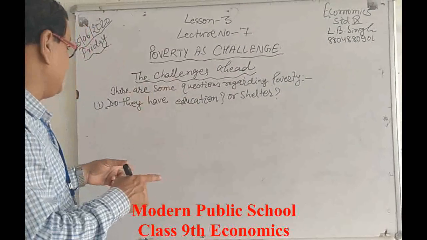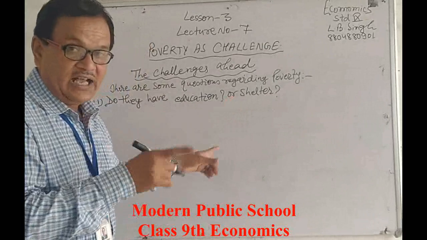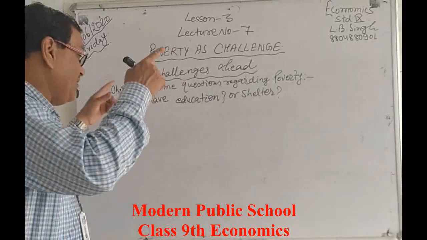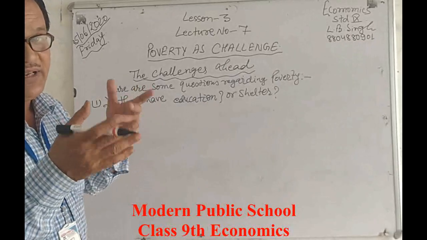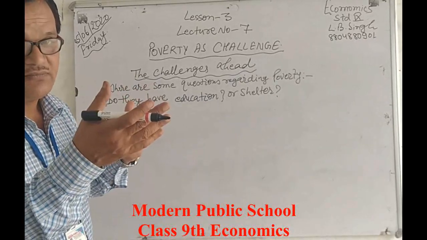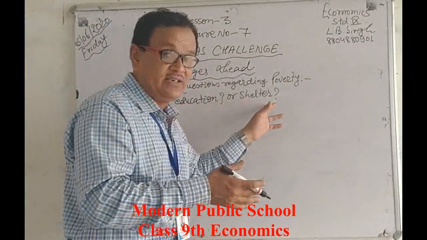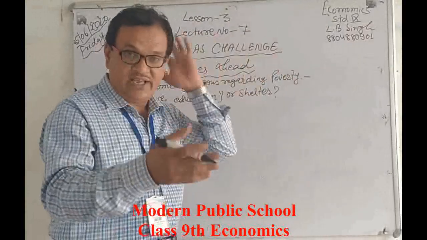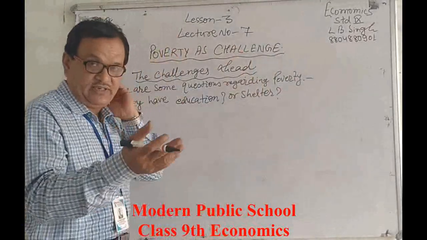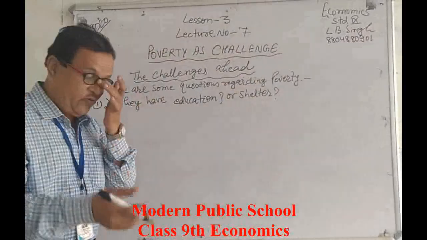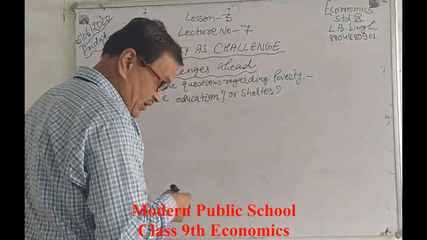So it is the question, do they have education or shelter? The answer is that if there is education among the people, they will not live in jhuggis and jhopris. And in that situation, they can make their shelter. They will not move here and there like Banjaras or shepherds. That living standard is not good.